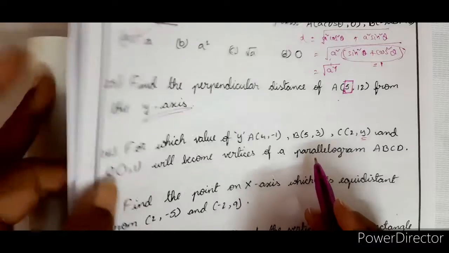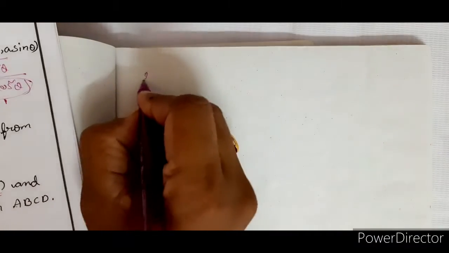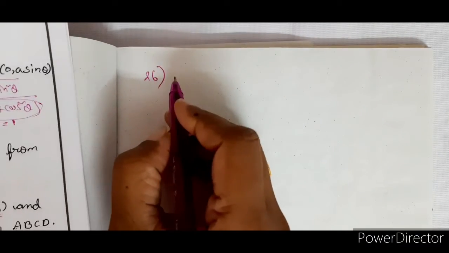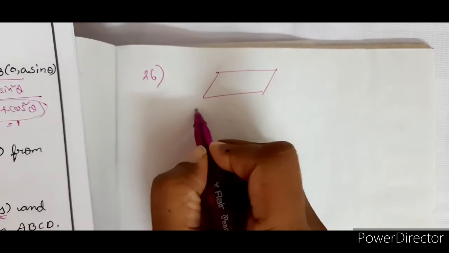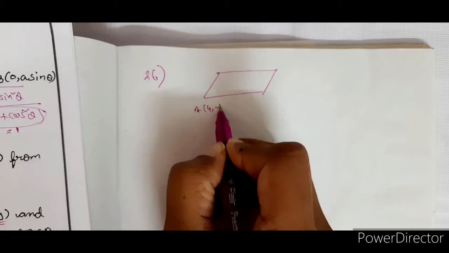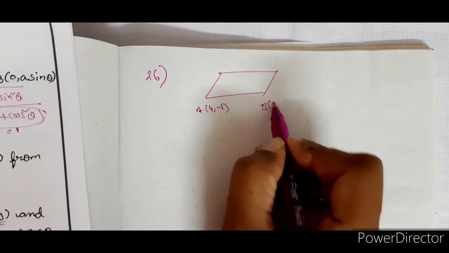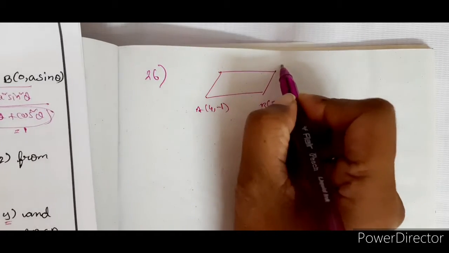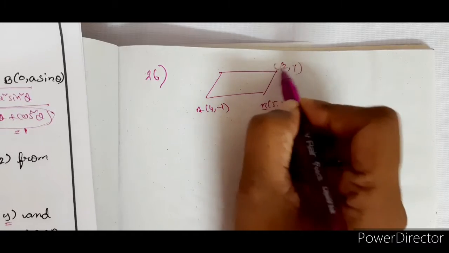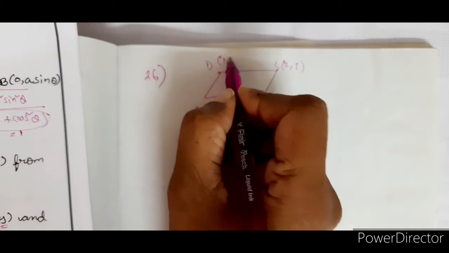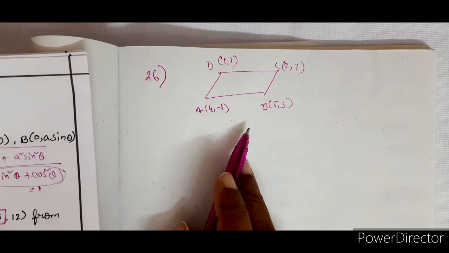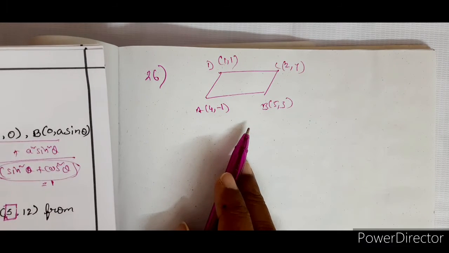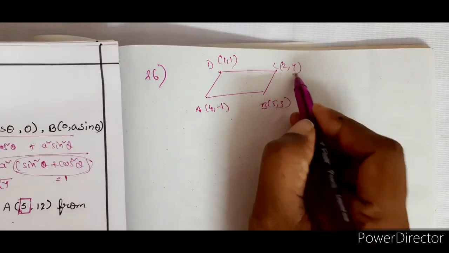Right. So now let's do the 26th problem here. You have a parallelogram. Let me take the parallelogram like this: A(4, minus 1), B(5, 3), C(2, y), and D(1, 1). So this is how the parallelogram is, and now we need to find the y value.